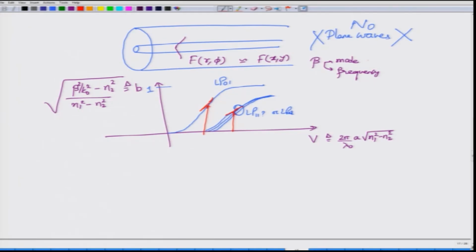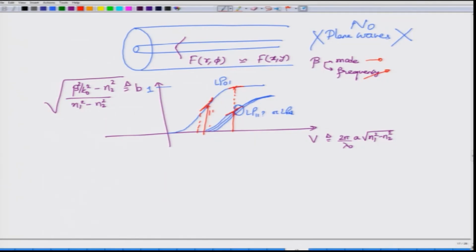When you fix the mode and vary the frequency, the propagation constant varies around it. Or if you were to fix the frequency, but you actually have multiple modes, then at this frequency you have one dependence corresponding to the LP11 mode for example, and another dependence at the other mode LP01.